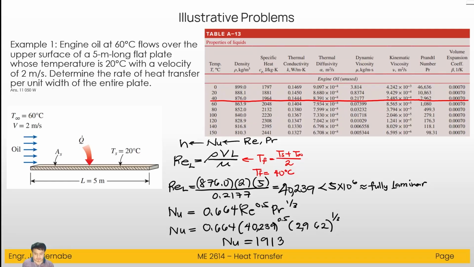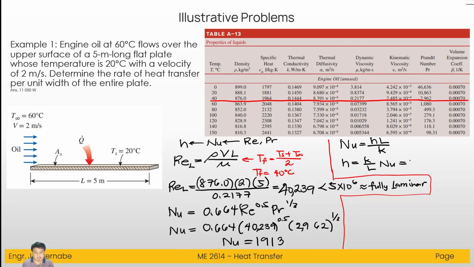Therefore we can solve for h. Nusselt number is equal to hL over k, so we also need to find k. To find h, that is basically just k over L times Nu. The thermal conductivity is 0.1444 divided by L, where L here is 5 meters, times the Nusselt number, 1913.